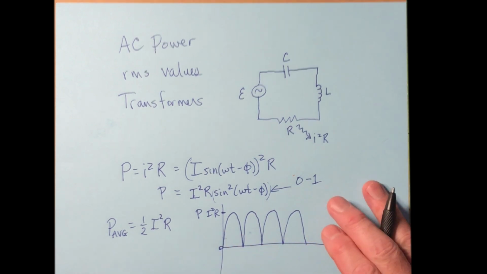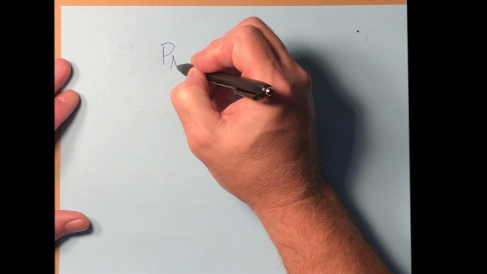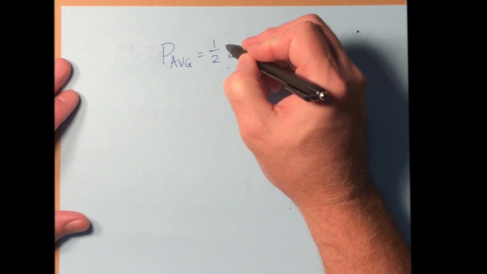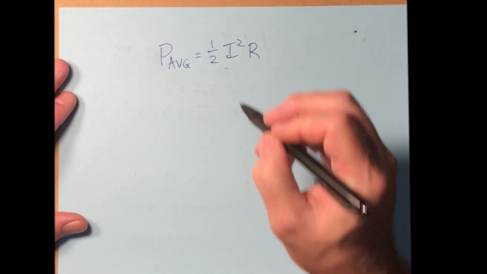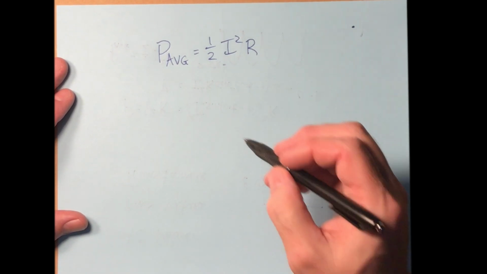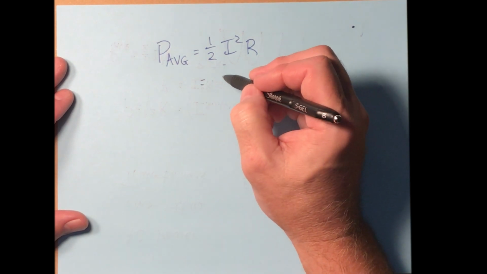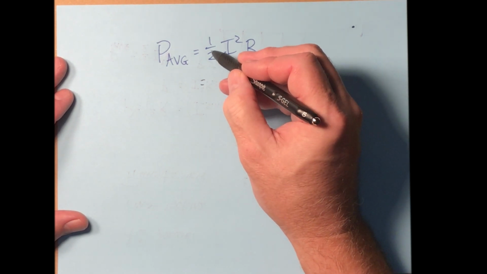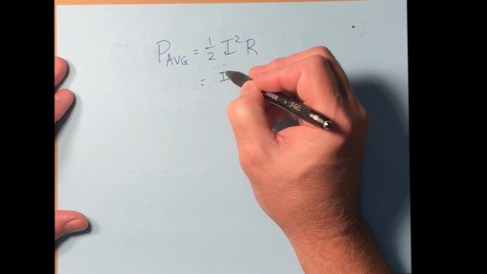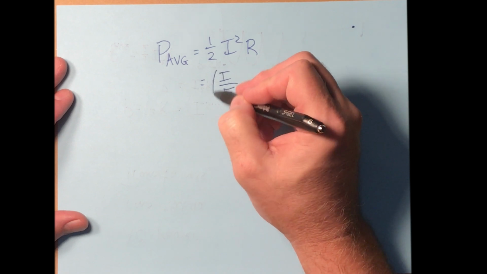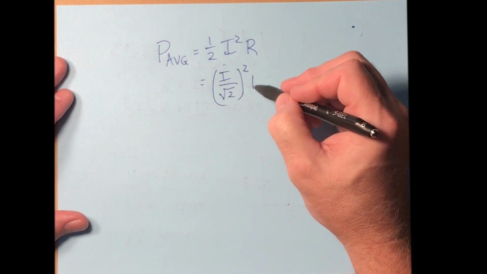Okay, we can rewrite that. P average is equal to 1/2 I squared R. And let's play a little math trick here with it. Let's write it this way. Let's take the 1/2 here, and I'm going to put it underneath this, and now square that.